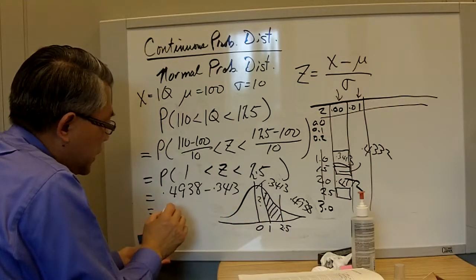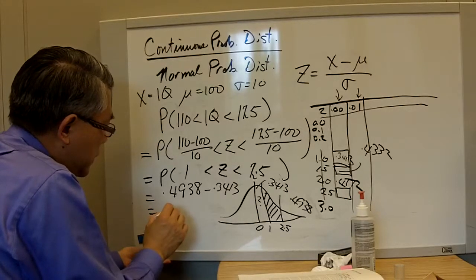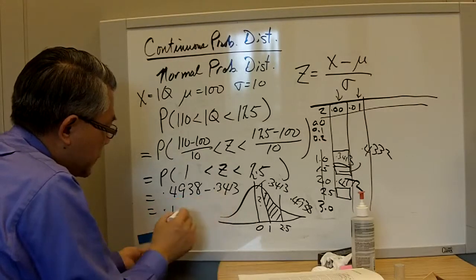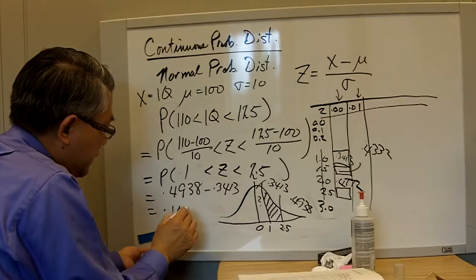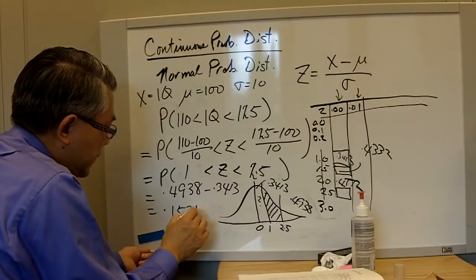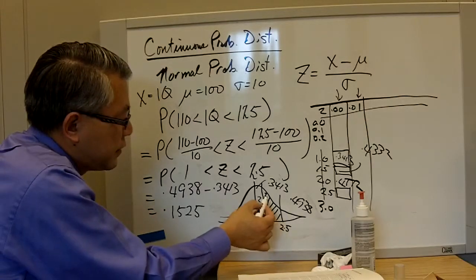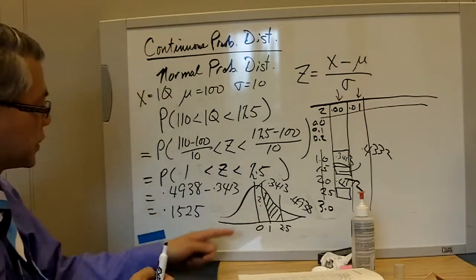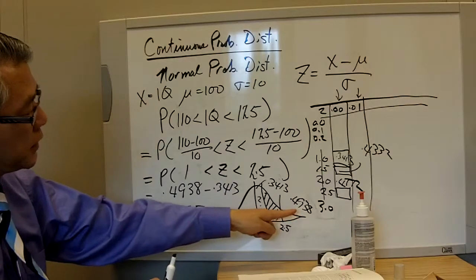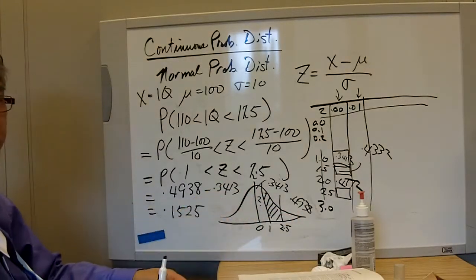If we do a little bit of subtraction here, we have 0.1525, which is this shaded area, the difference between the bigger probability and the smaller probability.